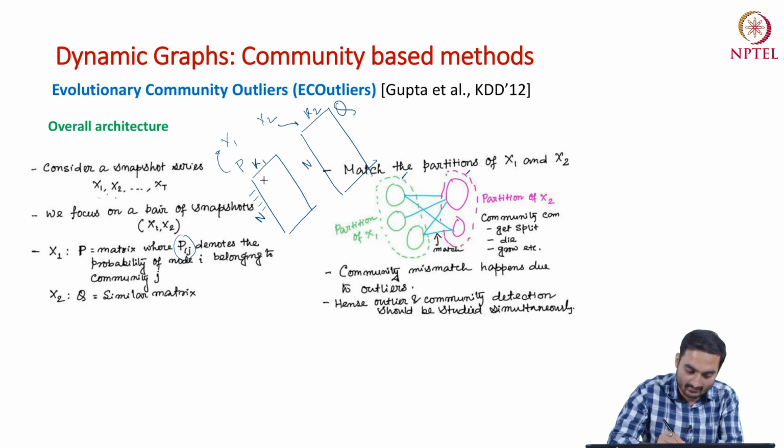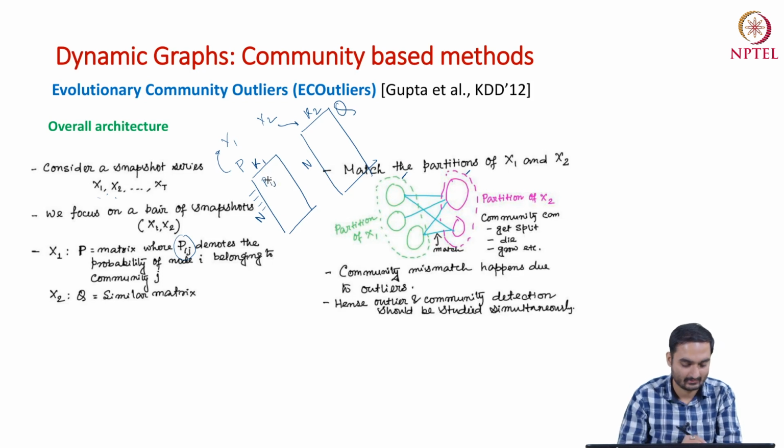Pij indicates the belongingness of node i to community j. How do you measure it? You can measure it in many ways. For example, you can look at the number of edges of node i in community j, and so on.